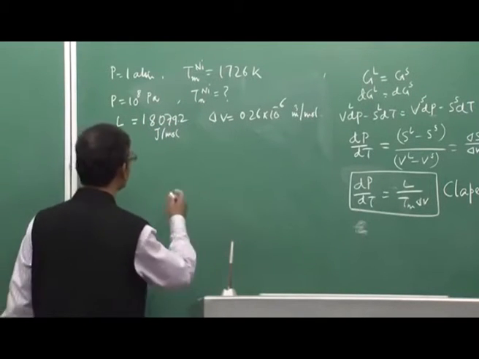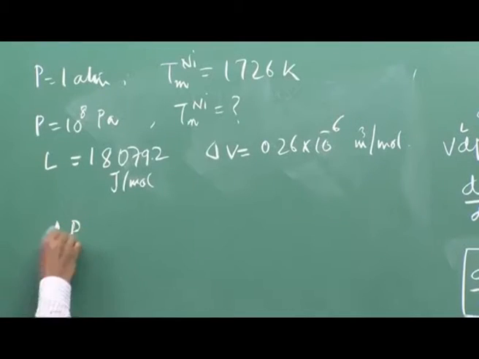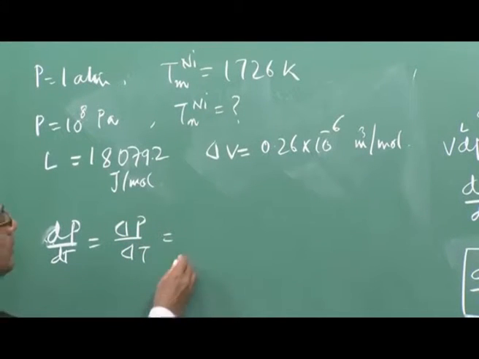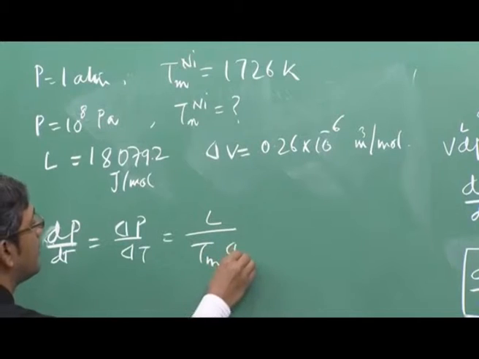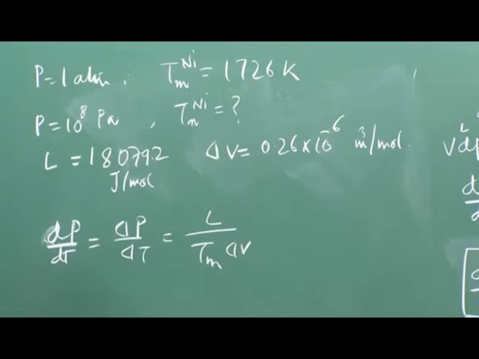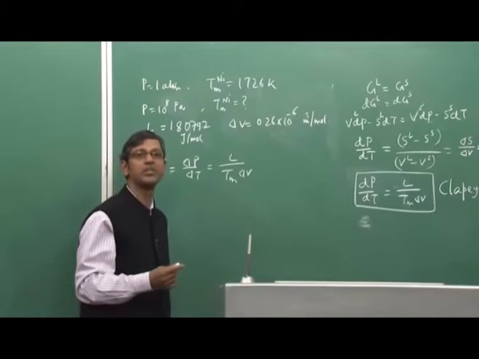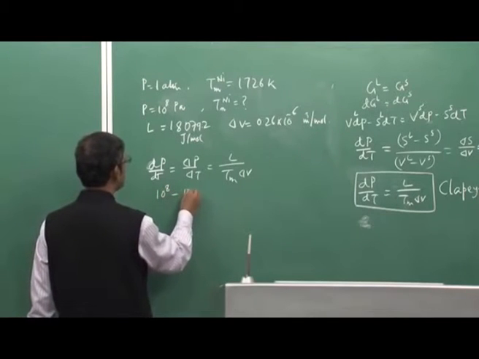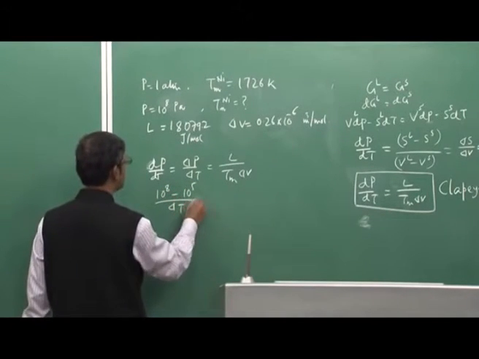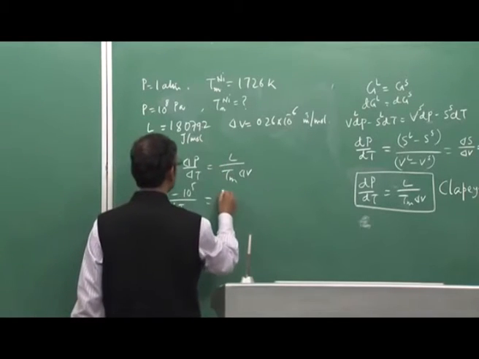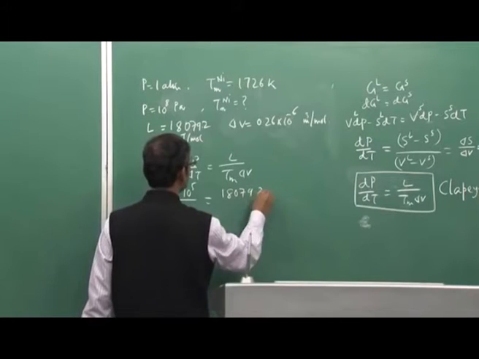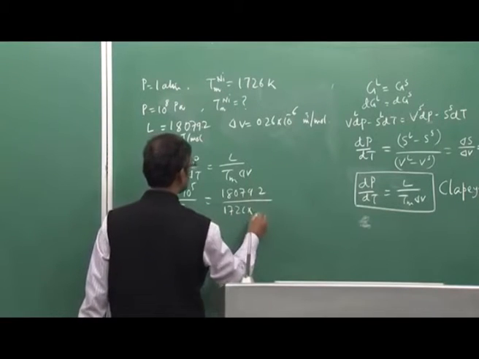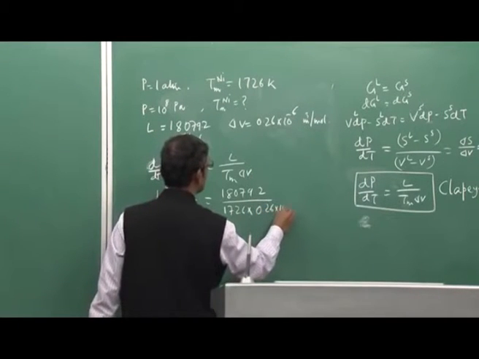So very simple, I just write down dP by dT, I borrow this Clausius-Clapeyron equation. This can be written as equal to latent heat by Tm delta V. Now put all the values. Delta P is the pressure difference; 1 atmospheric pressure is equal to 10 to the power 5 Pascal, please remember this. So this is 10 to the power 8 minus 10 to the power 5 divided by delta T. Latent heat is given as 18,079.2 joule per mole, melting temperature is 1726, and delta V is 0.26 into 10 to the power minus 6.